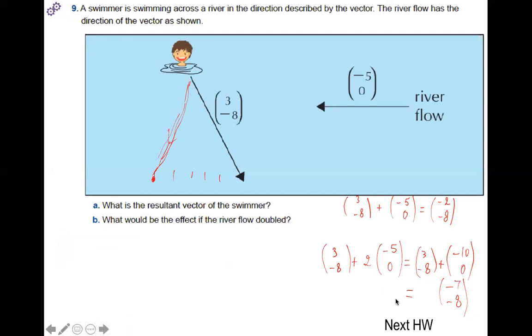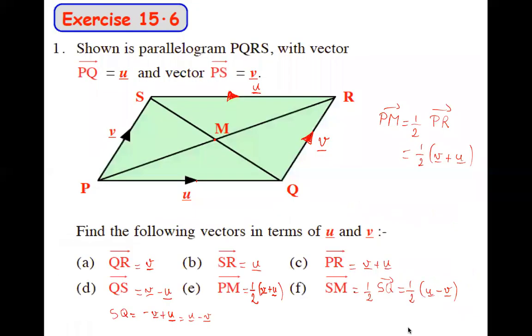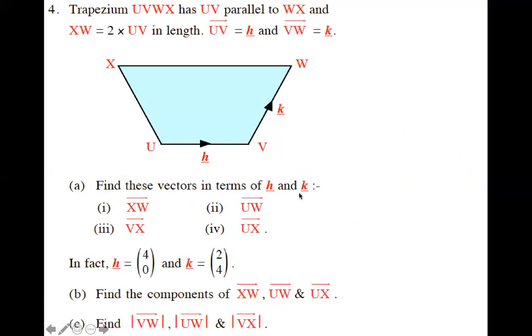Okay. So the next homework that we had was trying to write down what we call the path. How do you get from one point to another using vectors? Vector path, basically. So we looked at this exercise in detail, and there was another exercise after this one for you to have a go at.